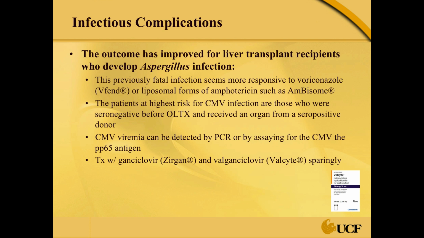All right. Patients at highest risk for developing CMV are those who are seronegative before the transplant and received an organ from a seropositive donor. Now, the vast majority of us are CMV positive. CMV is probably one of the most common sexually transmitted infections in all of humans, and you get it from saliva.